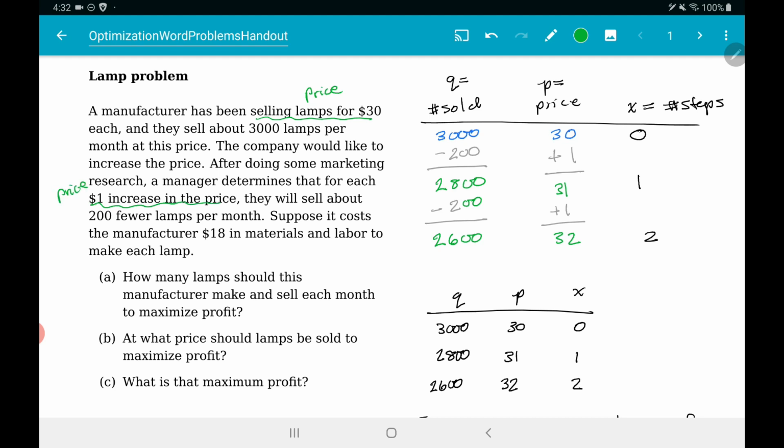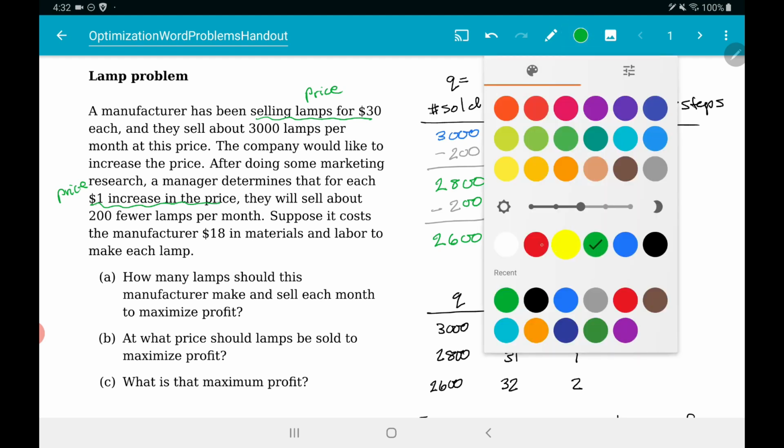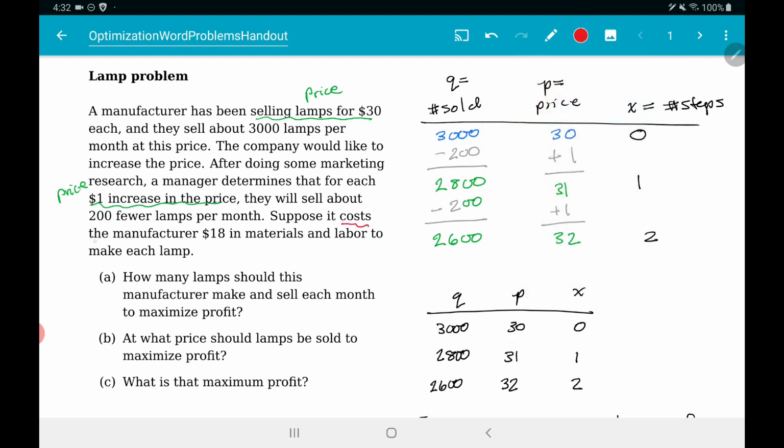Those prices are always about what the business charges to its customers, what the customer pays to the business. For cost, that's always expenses the business must pay. And the dollar figure related to costs is in this statement. Suppose it costs the manufacturer $18 in materials and labor to make each lamp. So that's what we need to focus on when building the cost function.